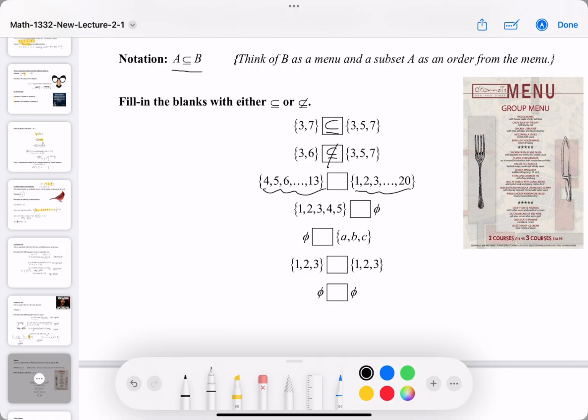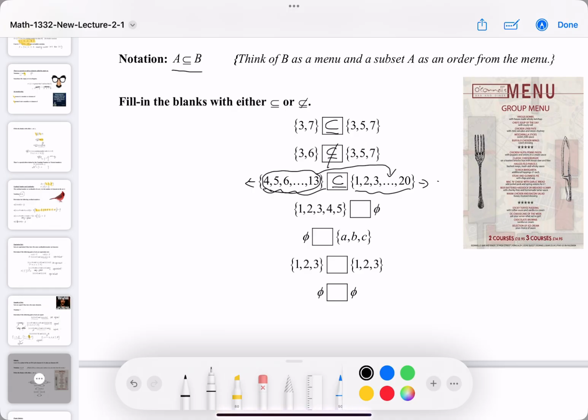Yes. If I expand the right and the left, you will see these elements are inside of the set on the right. They are the elements on the right. So I'm going to say it's a subset.